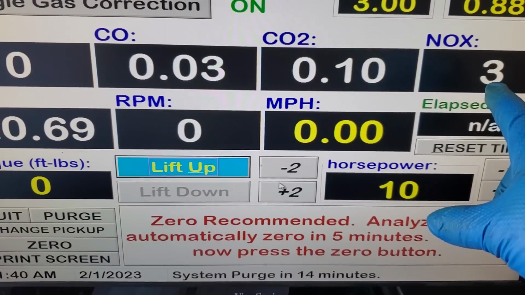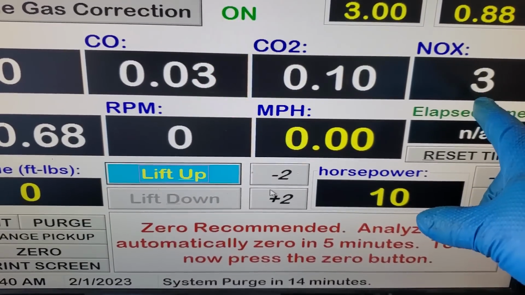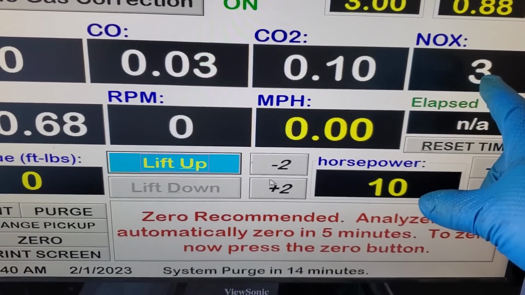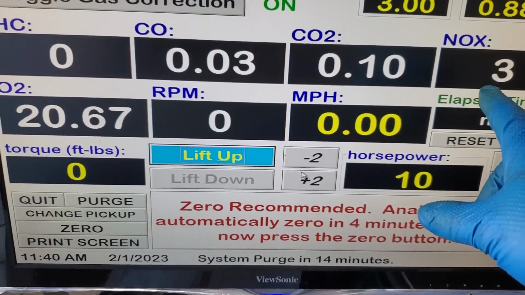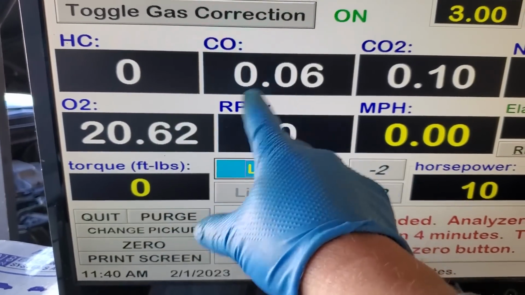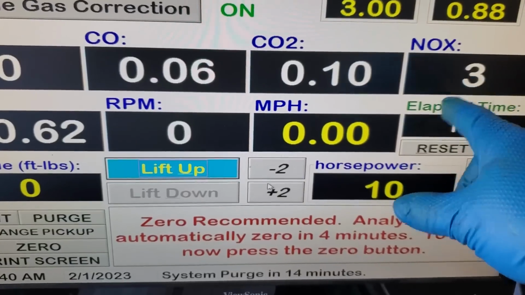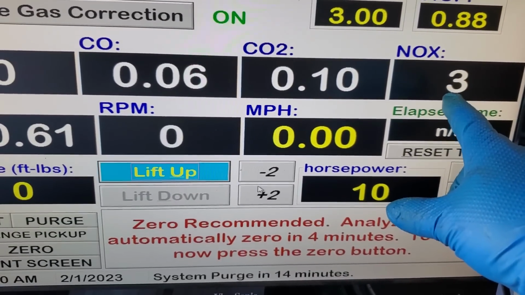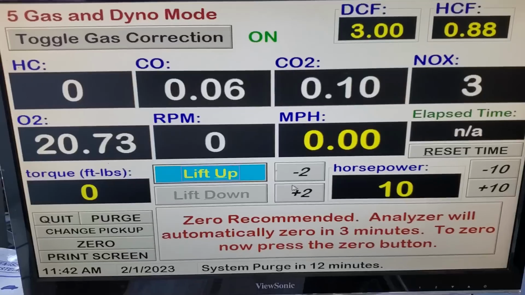The NOx might be high. This should probably be around 200 to 400, say, ideally. CO2, we don't really care about that. We're really interested in these two and sort of that one. If this is too low, could be lack of timing advance.